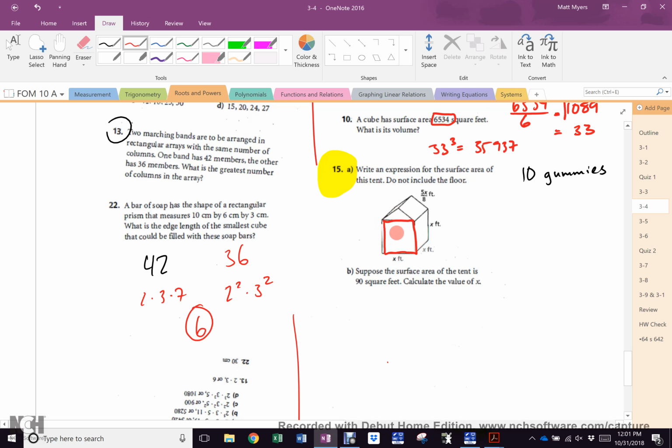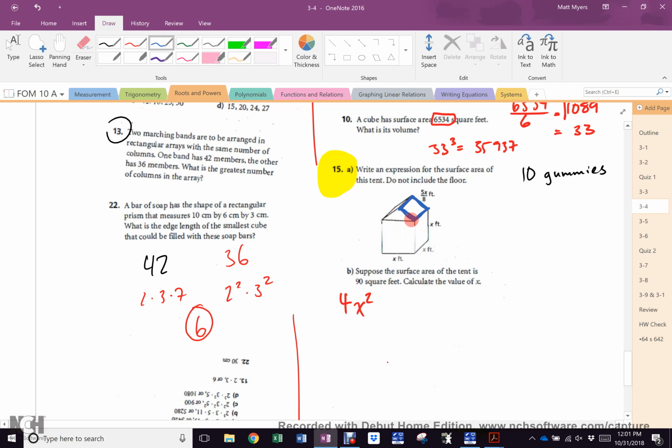There's a square, yeah? What's the area of that? x squared. How many of them are there? 4. Everyone agree? Okay. What is that area?